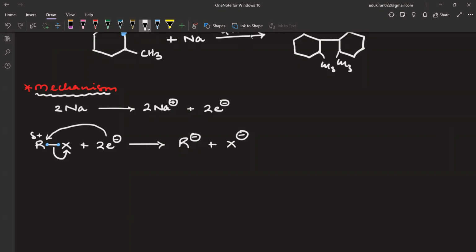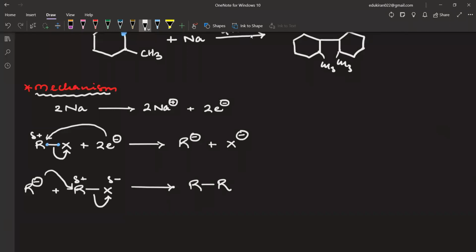Now what is going to happen? This R negative will react with another RX molecule, which is delta positive and delta negative. This R negative is going to attack this carbon atom, and X is going to leave. So in a way, you can say that this R negative is acting as a nucleophile, since it is attacking the carbon atom, and you are going to form R-R.